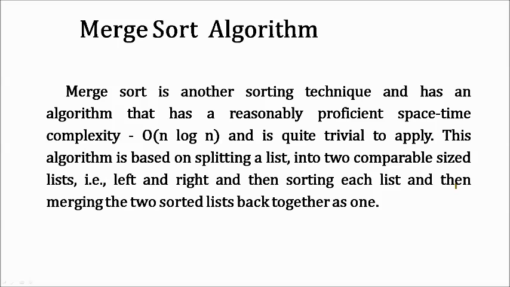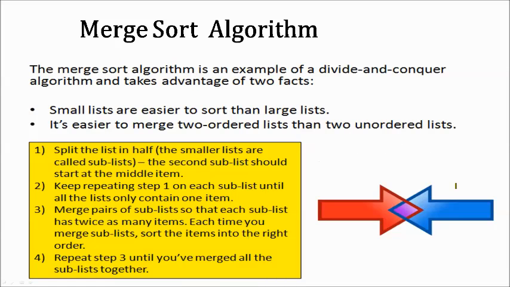This algorithm is based on splitting a list into two comparable size lists, left and right, then sorting each list and merging the two sorted lists back together as one. Small lists are easier to sort than large lists. This merge sort algorithm is an example of the divide and conquer algorithm.